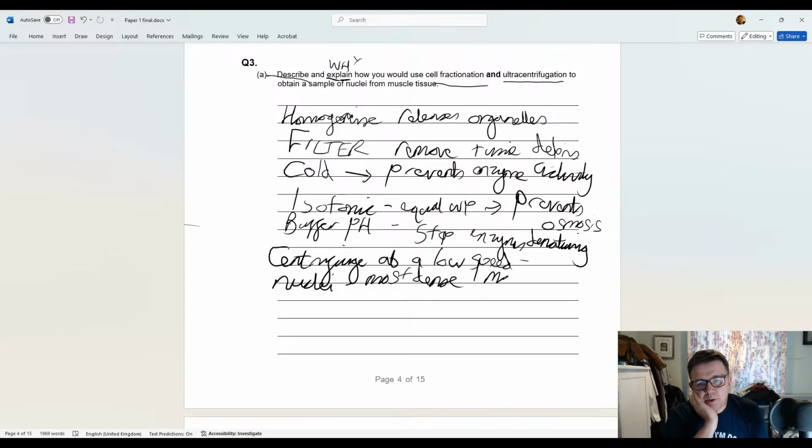So that's separated out the nucleus. And then you remove the supernatant, that's the solution above the nuclei. So basically at the bottom you've got a pellet, that's the nucleus, and then you've got the supernatant.